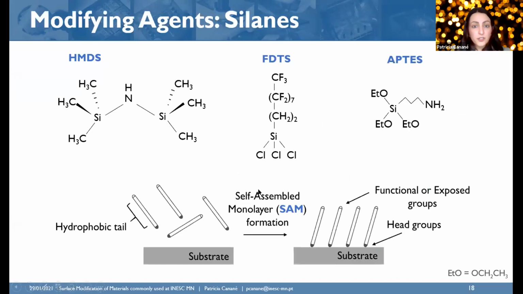The silanes that I mentioned before are presented in this slide with their chemical composition. And here below we can see a general scheme of how they interact with the substrates.